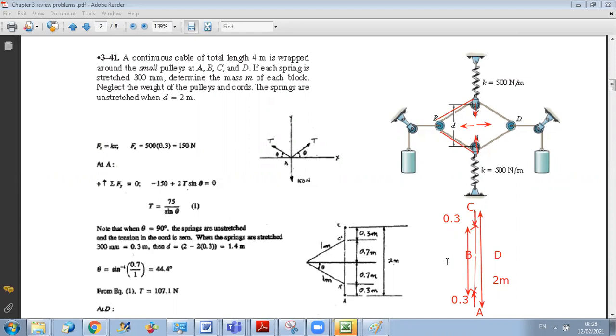So now this distance is 1.4, and if I consider from the center line, the distance will be 1.4 over 2, which is 0.7. Knowing this distance, I can calculate this angle theta by saying that sine of theta is 0.7 over 1.